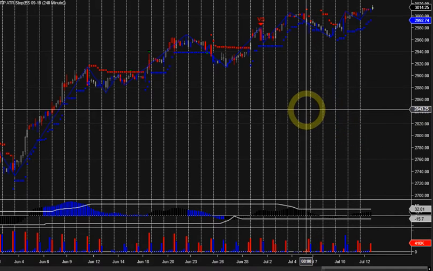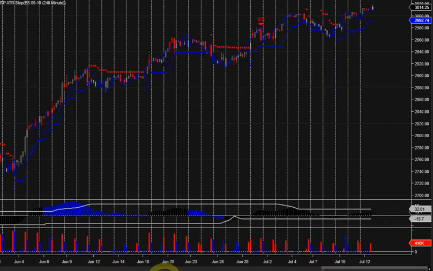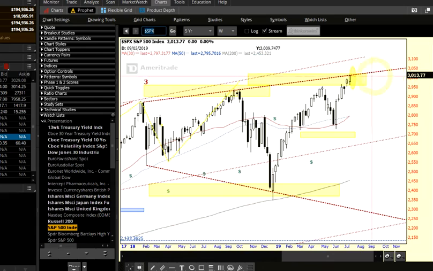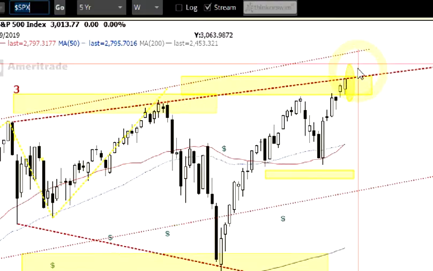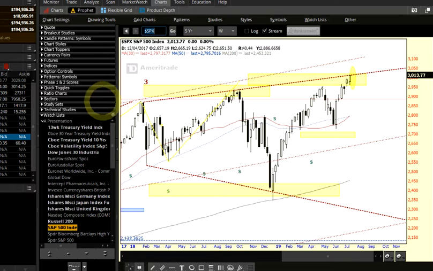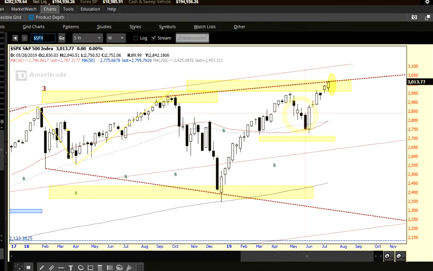But we are at a place where resistance is just barely overhead. If we zoom in here, on this chart it looks like I'm already touching. So the S&P 500 could already be touching, whereas, let's see, I don't have it drawn on the SPY.